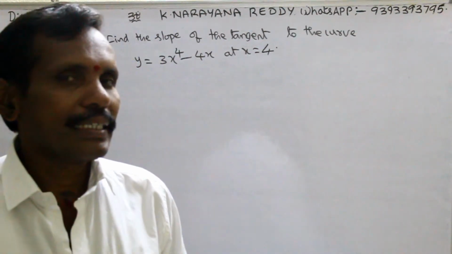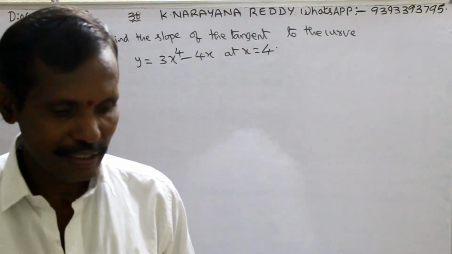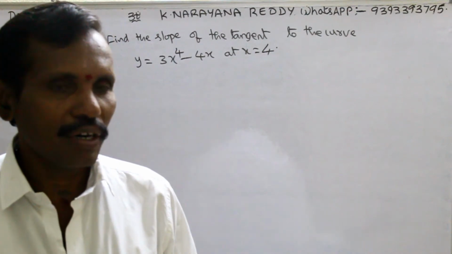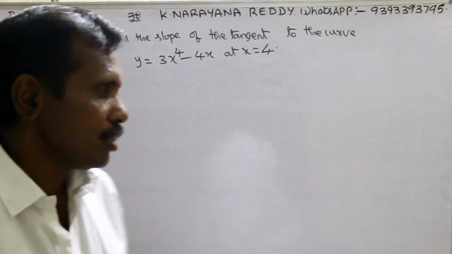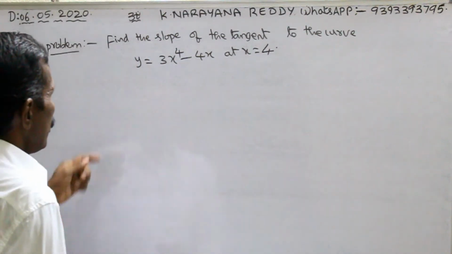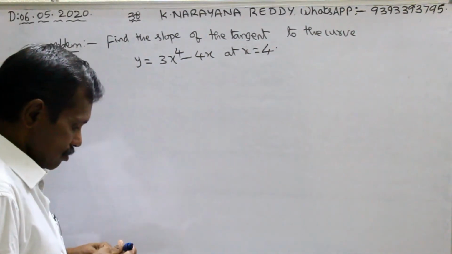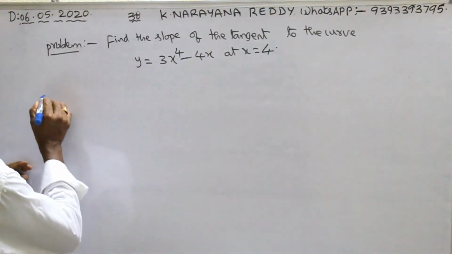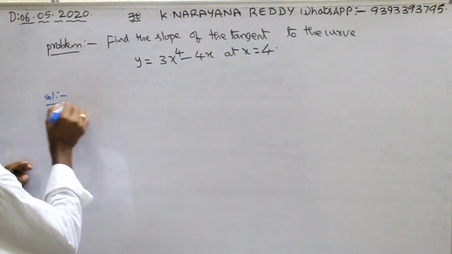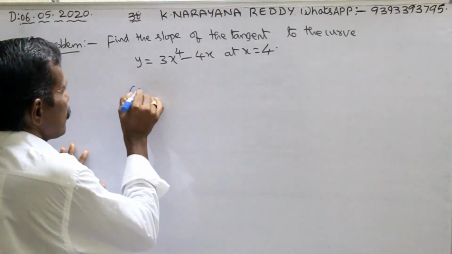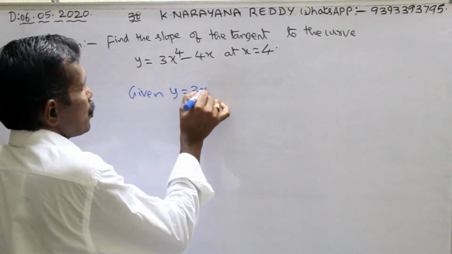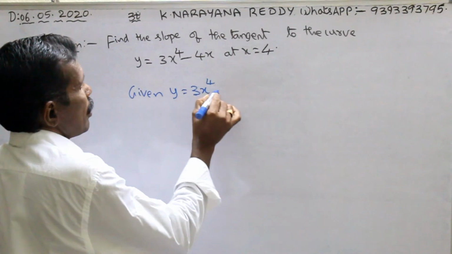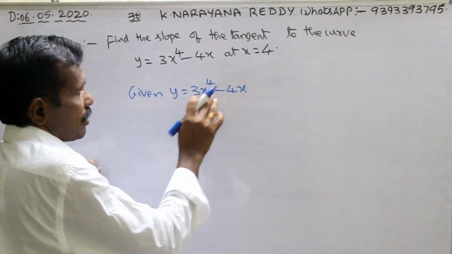Slope is nothing but dy over dx. You know that. So the derivative of y is nothing but the slope. So simply, given y equals 3x to the power of 4 minus 4x, this is y.